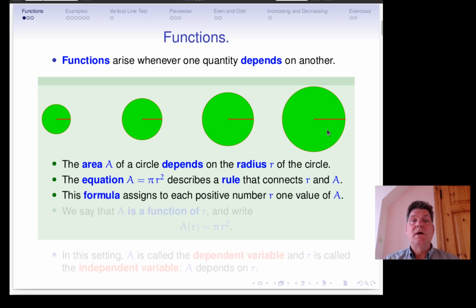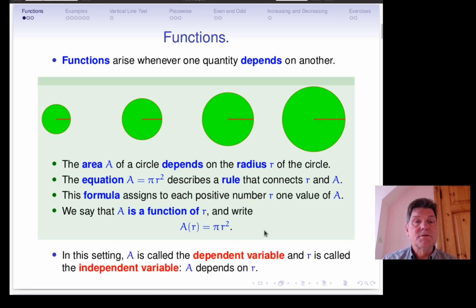This formula assigns to each positive value r one precise value for the area A. Here in the calculus we say that A is a function of r, and write A of r is pi times r squared. In such a setting, A is called the dependent variable and r is called the independent variable. A depends on r.